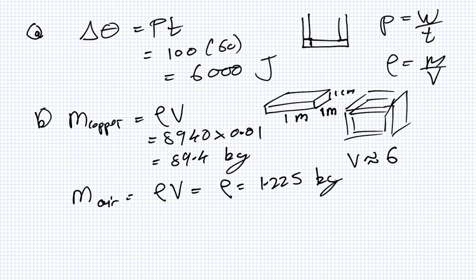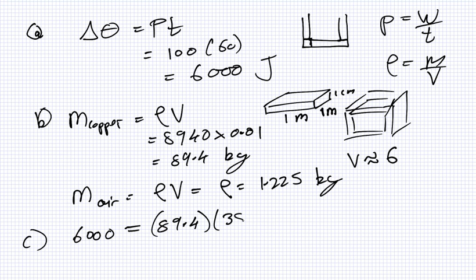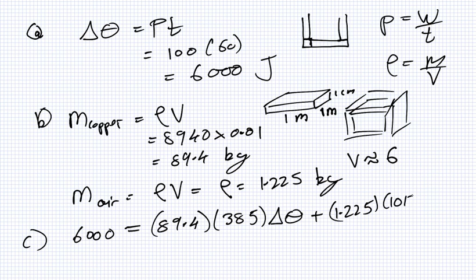What is the temperature of the box and the air after 1 minute? So, that 6,000 joules went into heating the copper and the air. So, M, heat capacity of copper is 385, delta theta, plus M, and then the heat capacity of air is 1012, and then that's 1.225.